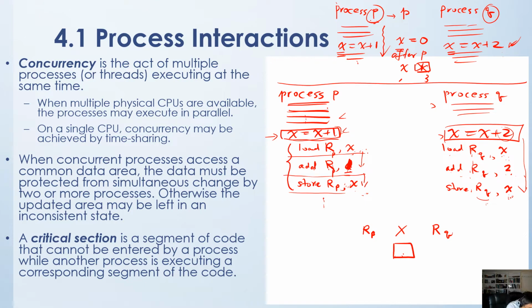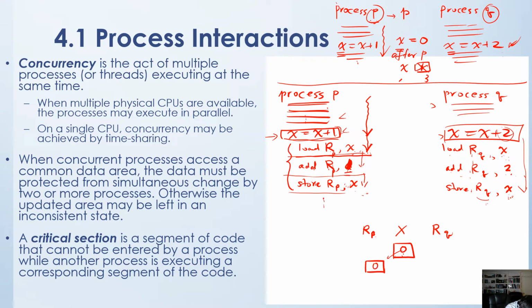So let's say the CPU chooses process P to run, and then the CPU starts to execute the first instruction for that statement, X equals X plus 1. In that case, the initial value of X is still 0. The value of X is going to be loaded into RP, right?